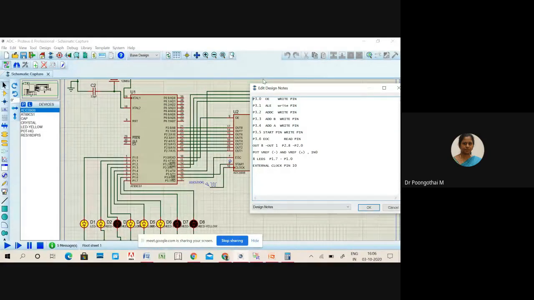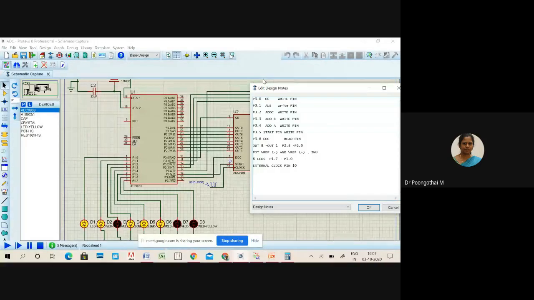For giving analog voltage, I have used a pot which is connected between V reference positive and V reference negative. That is connected to your channel 0. So in order to visualize your digital outputs, 8 LEDs are connected to P1.0 to P1.7.